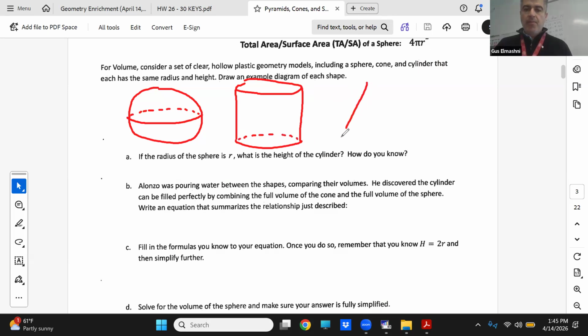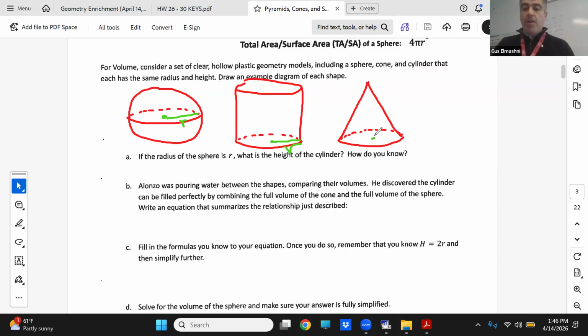I'm going to draw a cone. Okay, I'm going to draw the radius. Draw the radius and draw the radius.